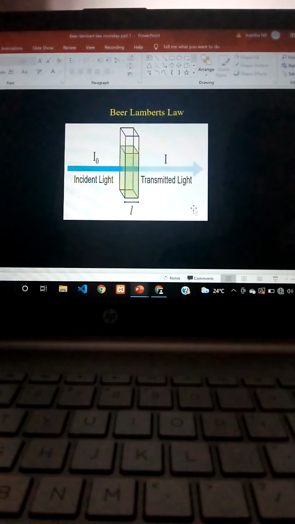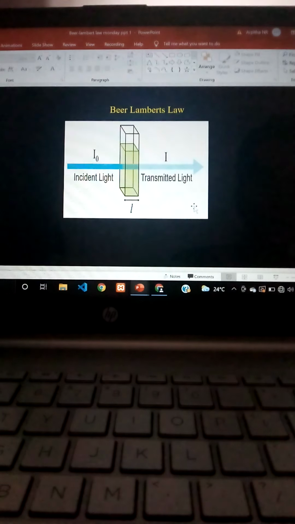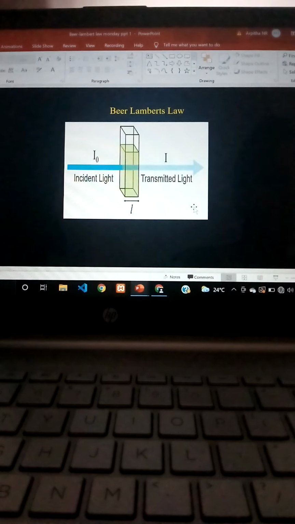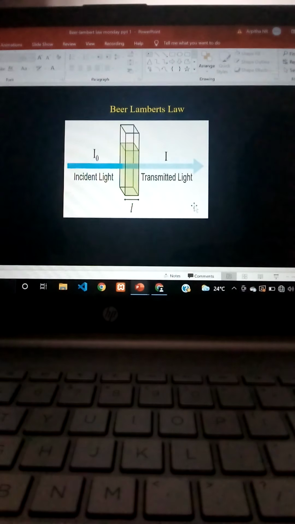Due to the absorption, you will notice certain changes. First, it will affect the intensity of the light. The intensity of the light emerging from the solution is reduced. This is the first change. And the second one is the intensity of the light absorbed, given as IA is equal to I0 minus IT.